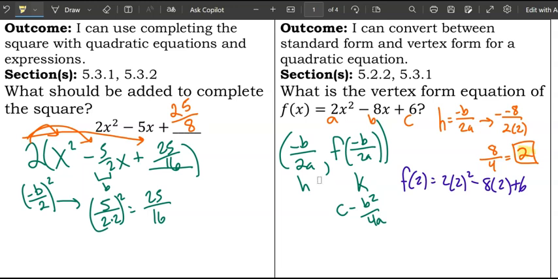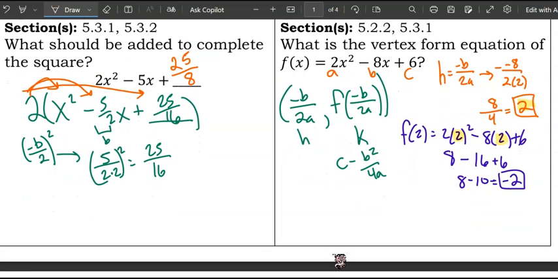So we're plugging this 2 right here and right here. We'll evaluate that. We have 4 times 2, 8 minus 16 plus 6. Negative 2.